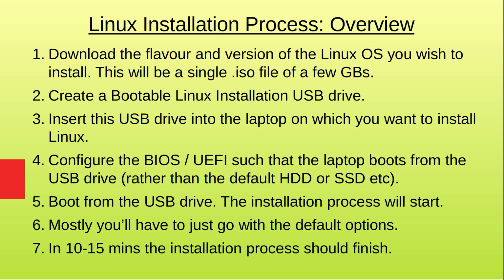Typically this will be a single ISO file of a few GBs, typically around 4 GB, but the specific size may vary depending upon the flavor and version. After you have downloaded this ISO file, you need to create a bootable Linux installation USB drive. That's the reason I mentioned the requirement of a pen drive in the last slide. Now how to create this bootable drive, I will explain in the next slide.